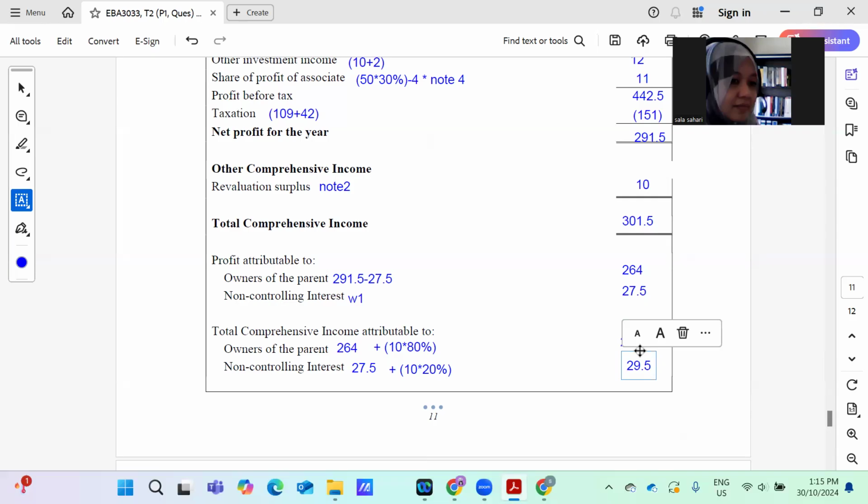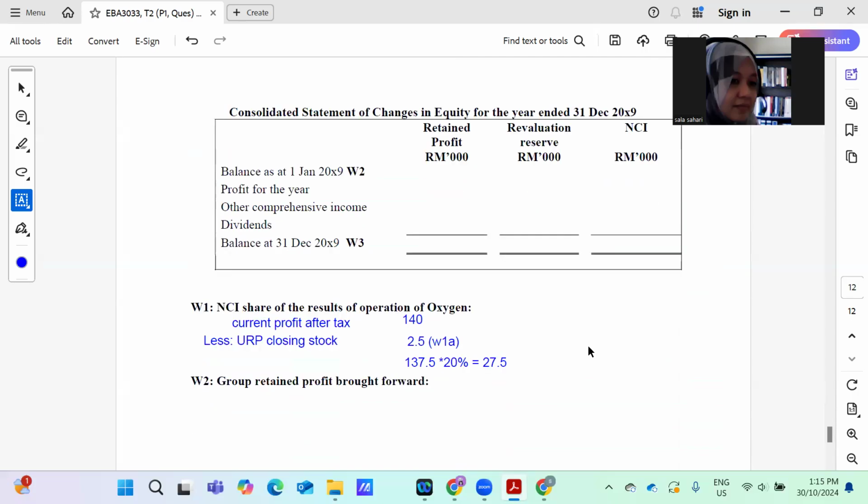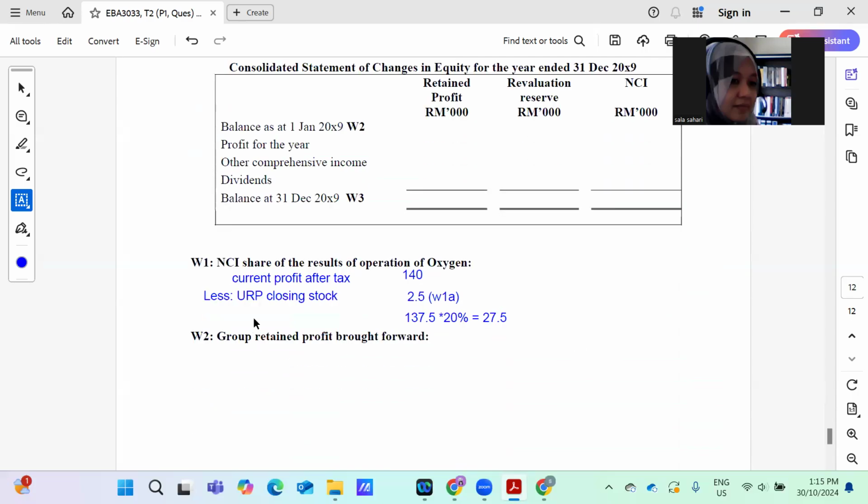So for the balance on the 1st January, we need to adjust. So let's see this second part. You need to do the working number 2 for the group retained profit brought forward.